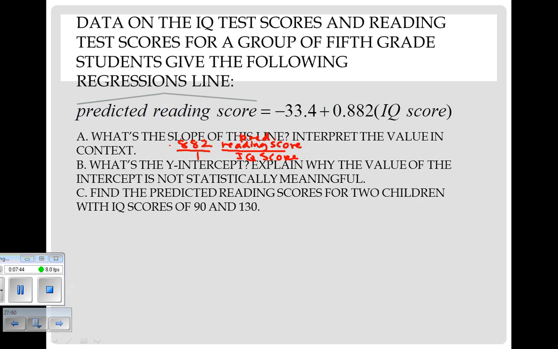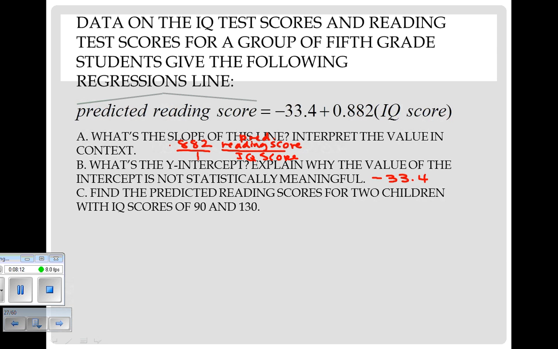So it tells me for every one IQ score increase, the predicted reading score goes up 0.882. The y-intercept is negative 33.4. Why is that not statistically meaningful? Because you can't have a predicted reading score that is negative. So it's not statistically meaningful because that could never happen.